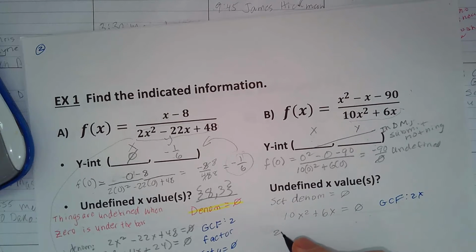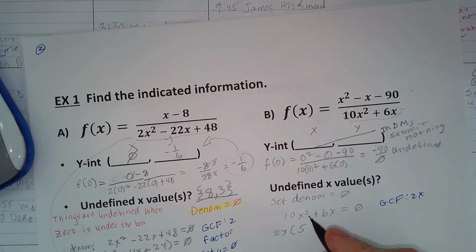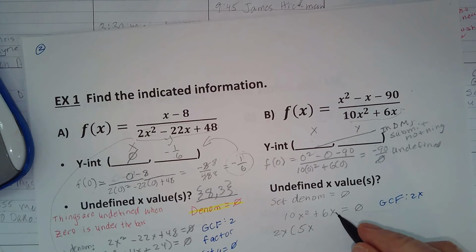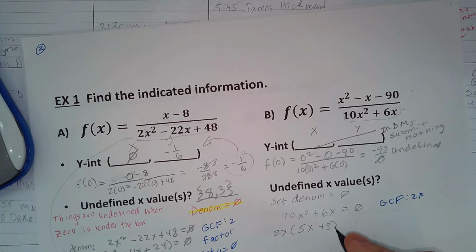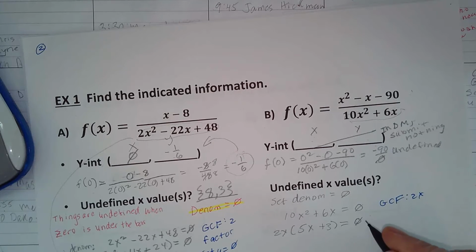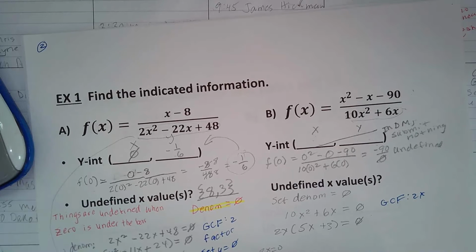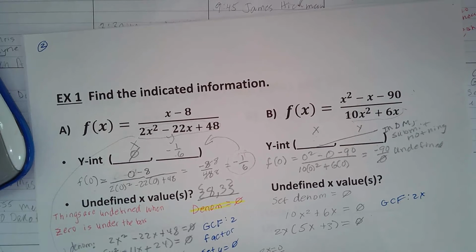And so I've got 2x times, now 2 goes into 10 5 times, x goes into x squared x times, and then 2x goes into 6x 3 times, and so that's what we're left with. Okay, so we can go ahead and take 2x, and we'll set 2x to equal 0. Divide by 2, we get x equals 0. Okay, so that's one solution.